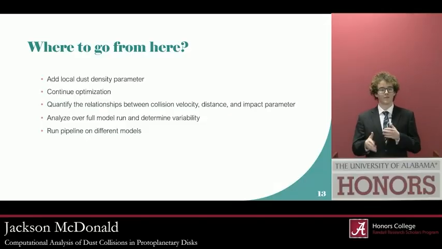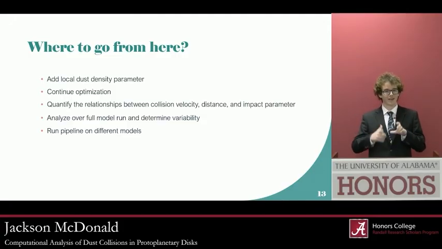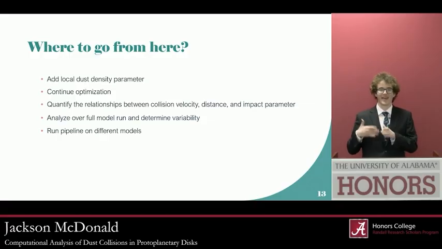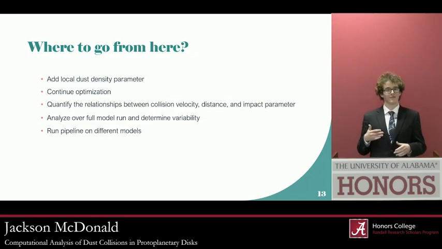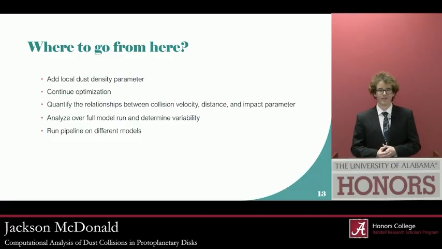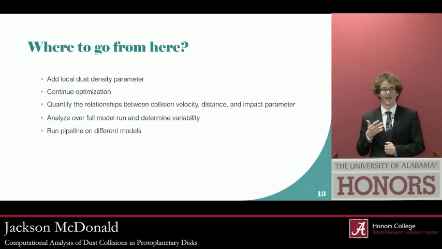Currently, the optimization we have done so far is to vectorize our data when it is passed through the functions that calculate the important parameters that we're looking at. We want to continue doing that, continue refining that process, and improve the hardware we're working with, hopefully by using the UA HPC and potentially some NASA supercomputers.